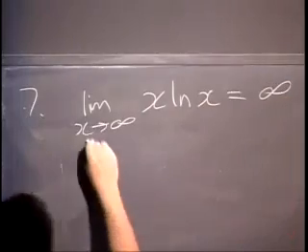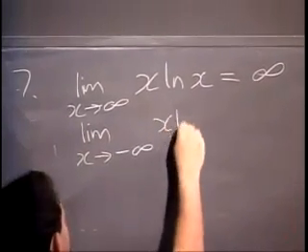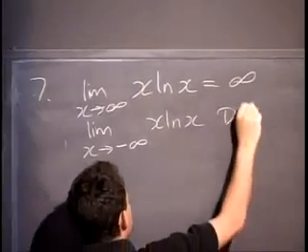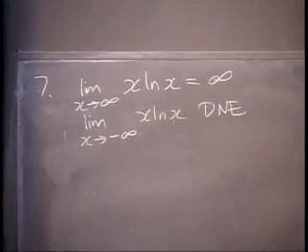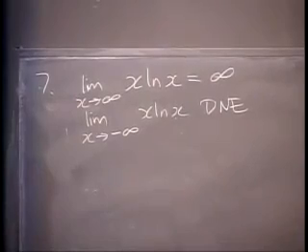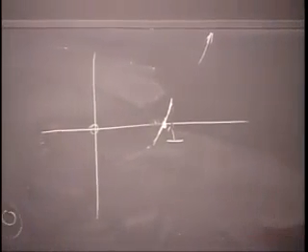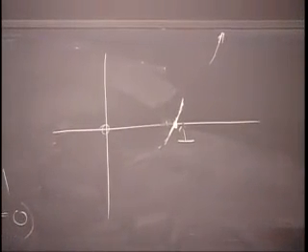So it goes to infinity. As for the left-hand limit at minus infinity, that clearly doesn't exist because you can't even define log x to the left. So on this picture, coming back to the picture, we know it goes up to infinity. So we know a little bit more about the graph.